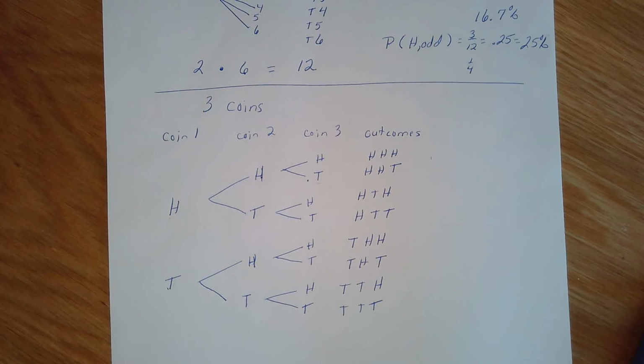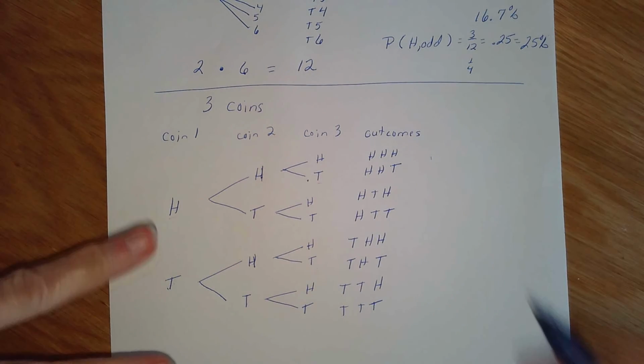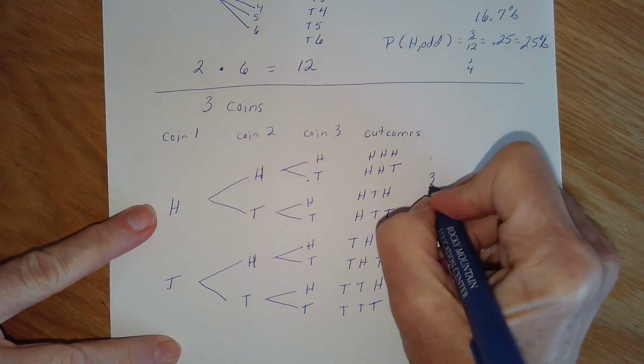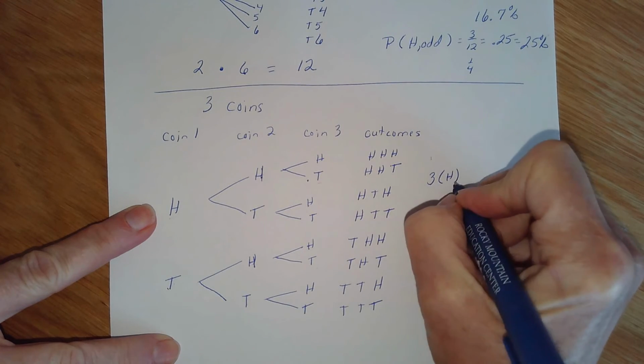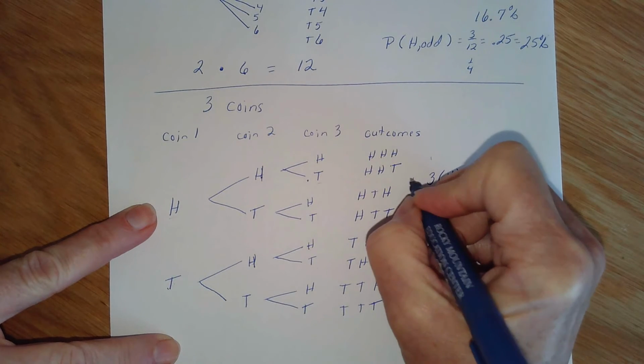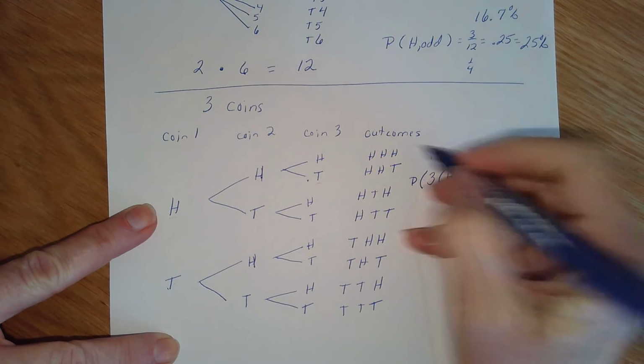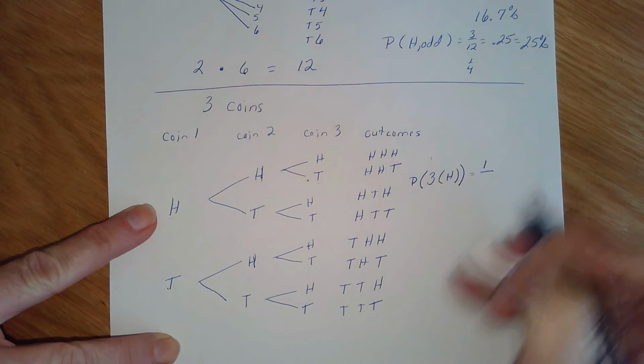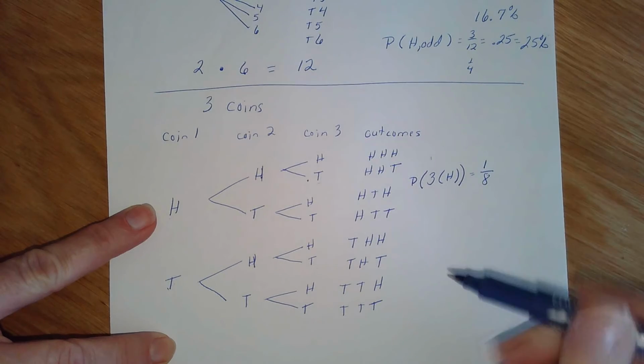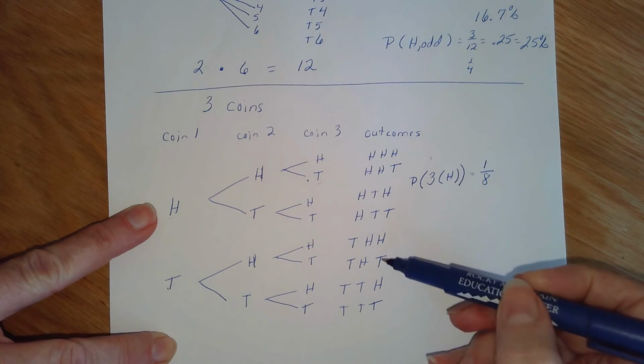Okay, so I am going to do some quick underlining right here, some highlighting perhaps. I want to know the probability of 3 heads. The probability of 3 heads happens 1 out of my 8 outcomes. 1, 2, 3, 4, 5, 6, 7, 8.